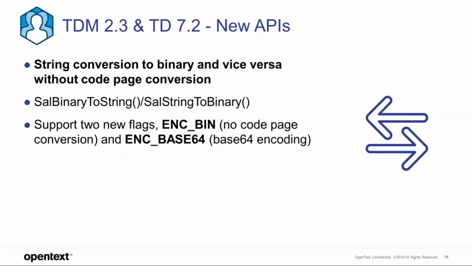And there is a new flag encoding binary, which does not do any code page conversion, so the data won't get touched. And a new one for encoding base 64. So this has been requested. I think that the first one, the encoding binary, is very important. So your screens, your string contents don't get touched by code page conversions.